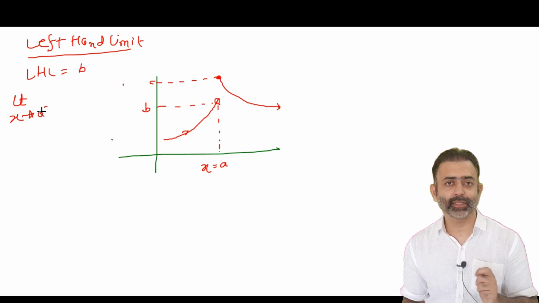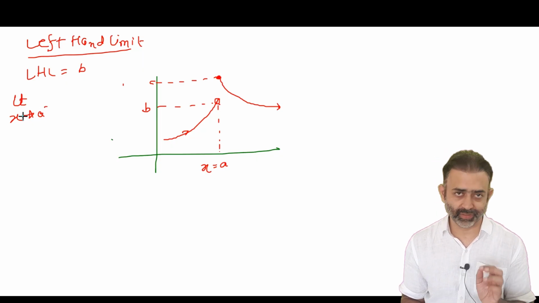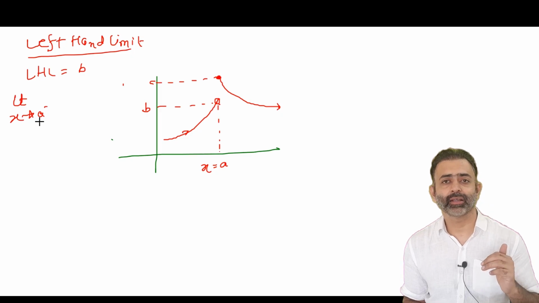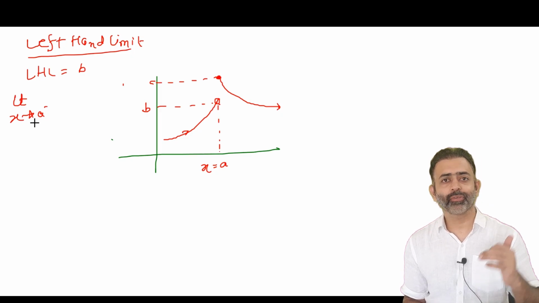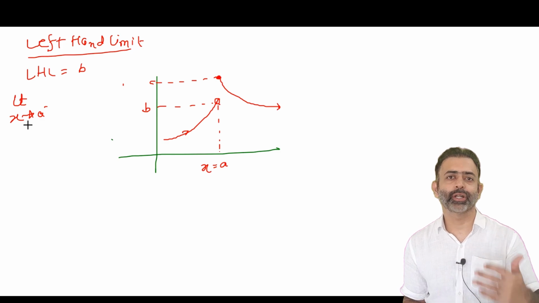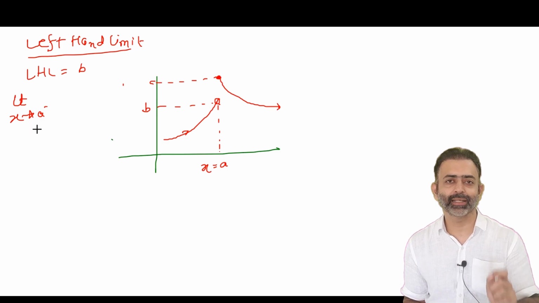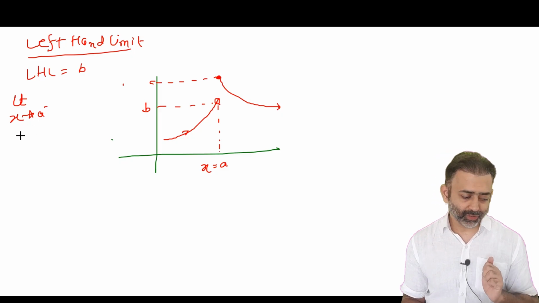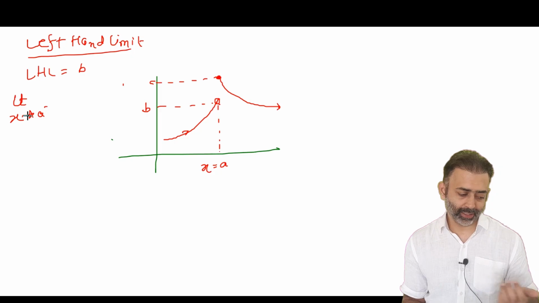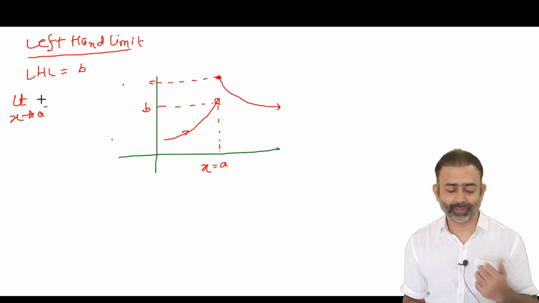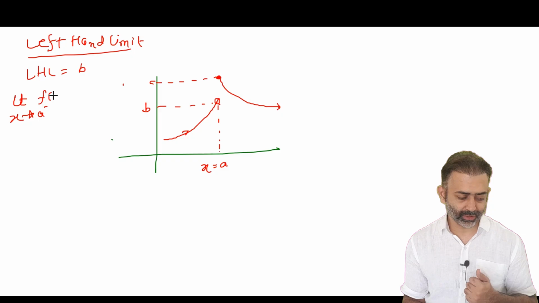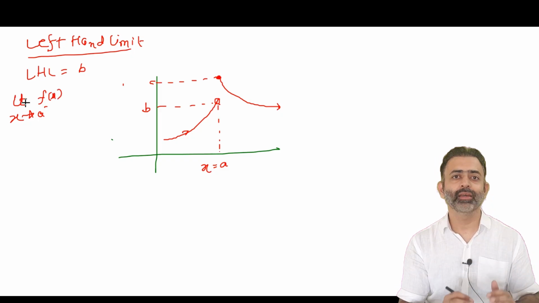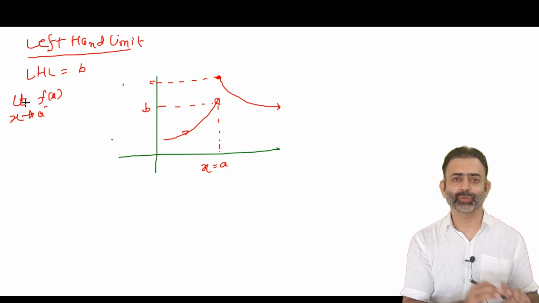So this a minus is not equal to minus a, first thing. It is just saying that I am moving from the left direction towards the point a. This a minus is a value slightly less than a. So the left-hand limit is written as limit x tends to a minus of the function f(x).